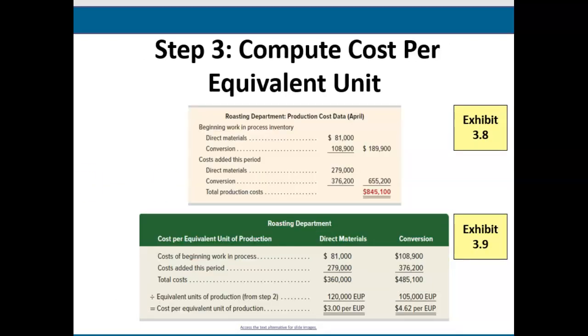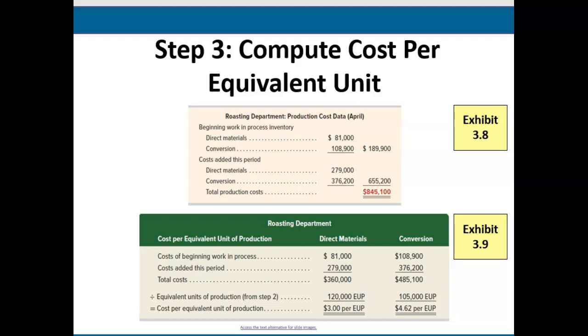Step 3. Compute the cost per equivalent unit. So, Step 3 uses the equivalent units of production from Step 2, along with cost data, to compute cost per equivalent unit. Production cost data for the roasting department are in Exhibit 3.8. Recall, conversion cost equals direct labor cost plus factory overhead cost applied.